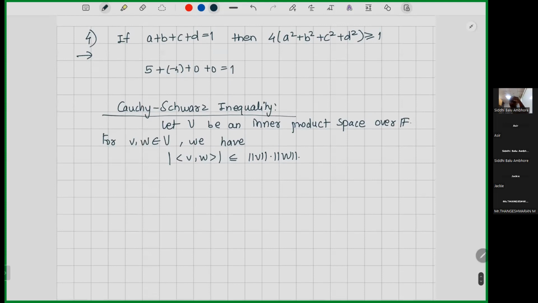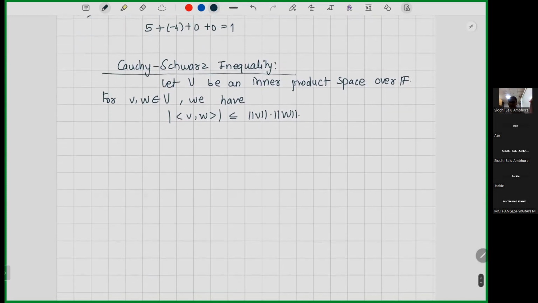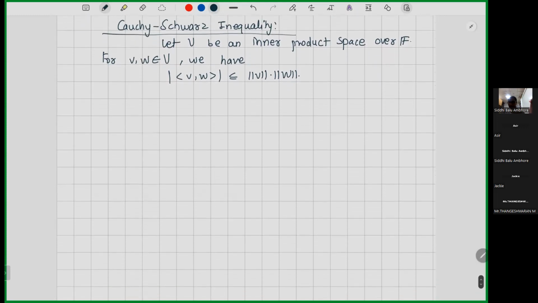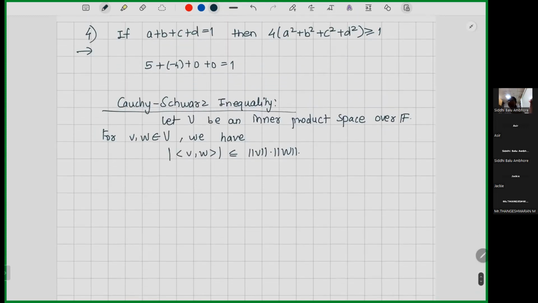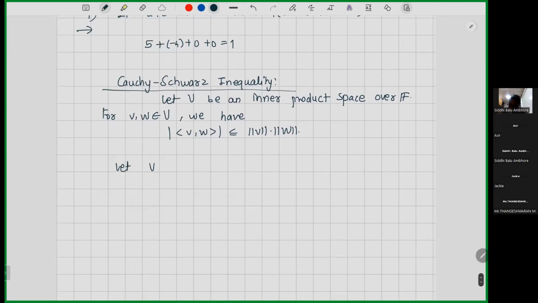We have to now smartly choose an inner product over R or R4, because we have these 4 elements, such that we arrive at this. Any guesses for the inner product? Okay, let me just start with it. So let V be R4.